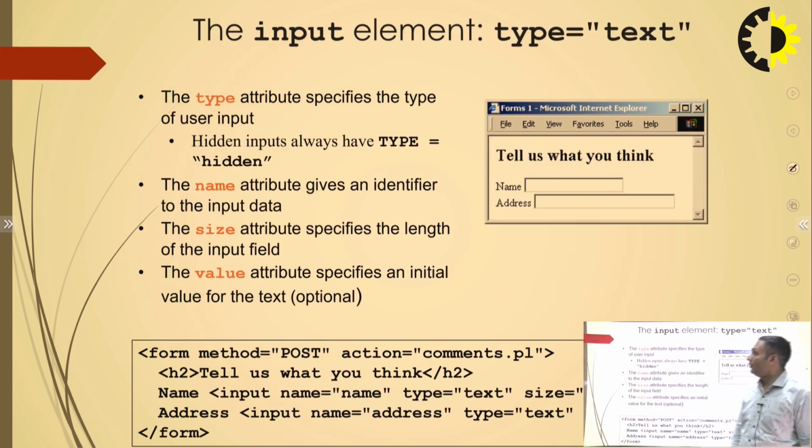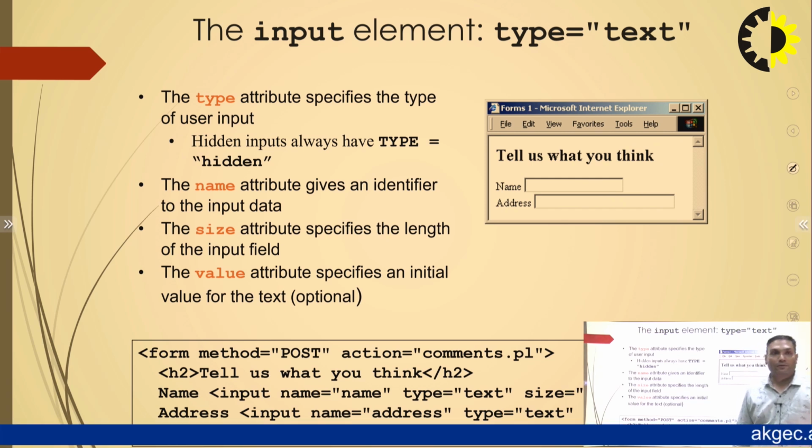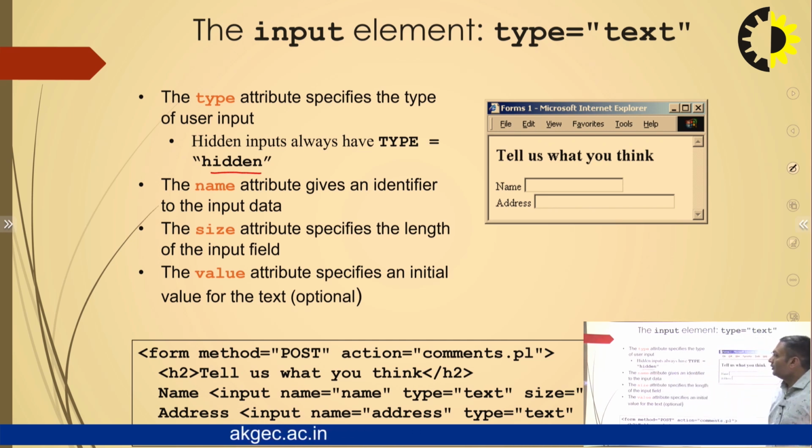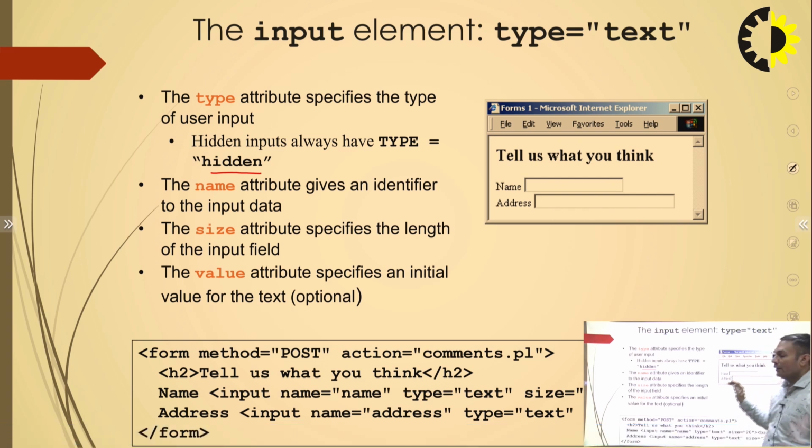Now, what can be the different types of elements? As I told you, there are various types of form fields. One type of form field is input type equals to hidden. If I write input type equals to hidden, then whatever we write in the text area will be hidden and will not be displayed to the user.